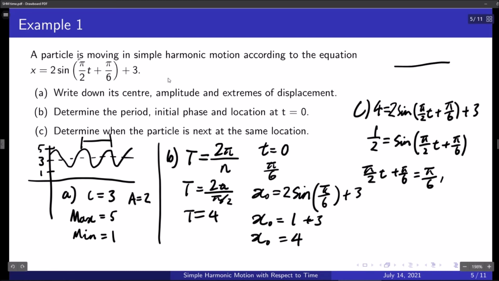It means if the first one is here, then we have to find where we have the same sine value. Fortunately, we can say this is just 2 pi minus pi on 6.